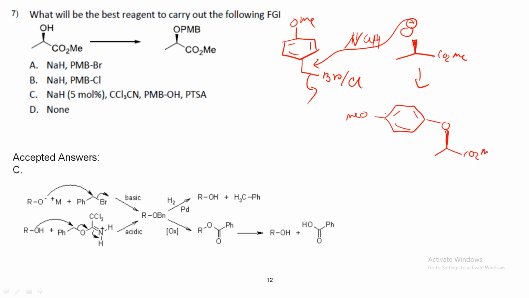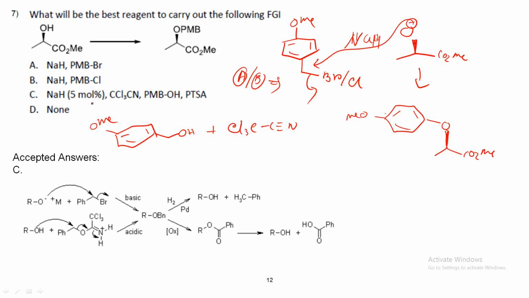So if that happens, we can generate the product for case A and case B. Let's say for case C, what is happening? In this particular condition for PMB, we are using an alcohol and another reagent, this.